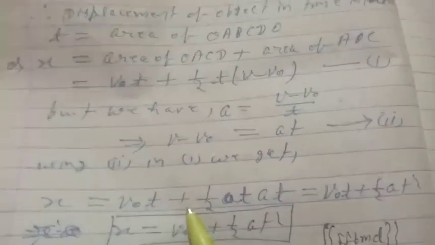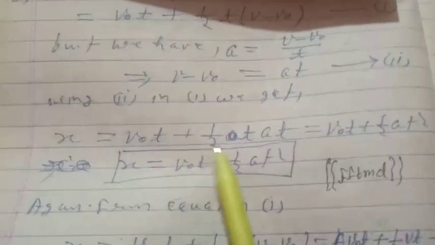Using equation 2 in 1, we get x equals v naught t plus half t into at, or v naught t plus half at square. So x equals v naught t plus half at square.